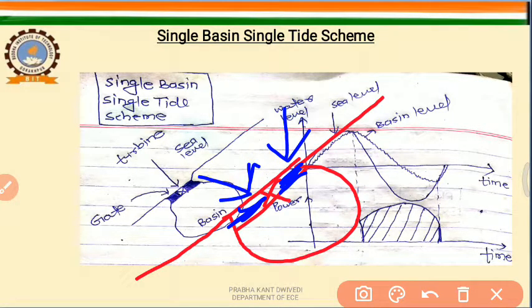When the water level of the basin becomes equal to the water level of the ocean, then during the low tide the level of the ocean starts lowering below the level of the basin, and this water goes back to the ocean. When this water moves back to the ocean, these gates are closed.